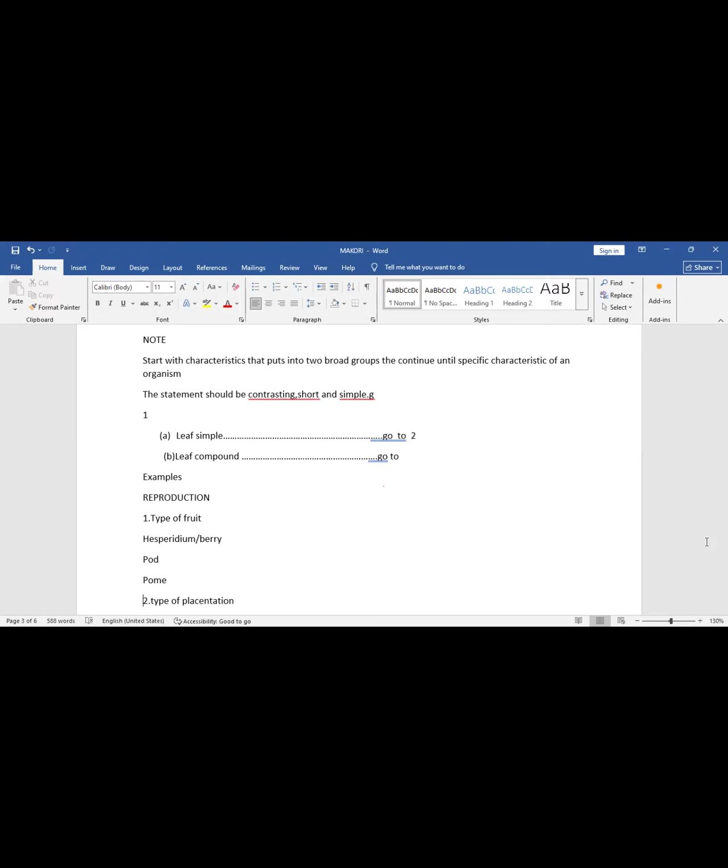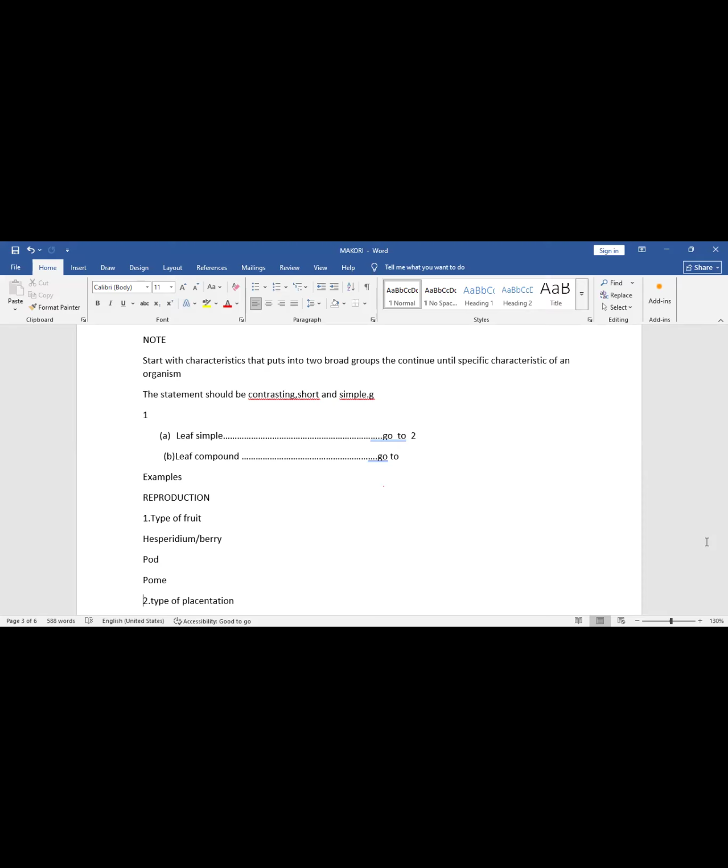Like now, even if you use the leaf type, within the first part you say maybe leaf simple, then second part leaf compound. Of course, we normally have pairs of statements. Because of those two pairs, that is why we refer to it as the dichotomous. Di means two. So two contrasting statements that should be short and simple.